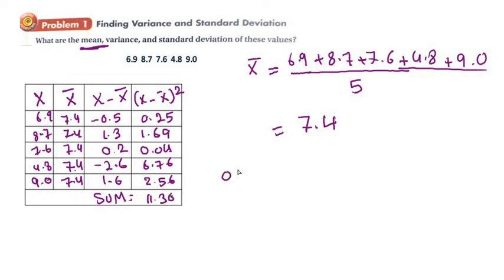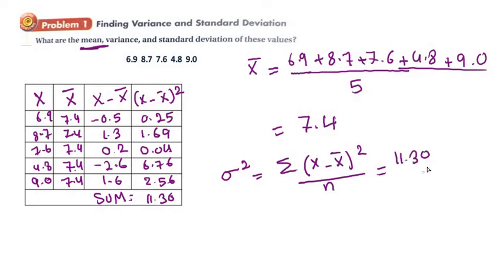The variance, or sigma squared, if you remember, is the sum of x minus x bar squared over n. We found this sum here, the sum of all these values. It is 11.30 over n, which is 5.